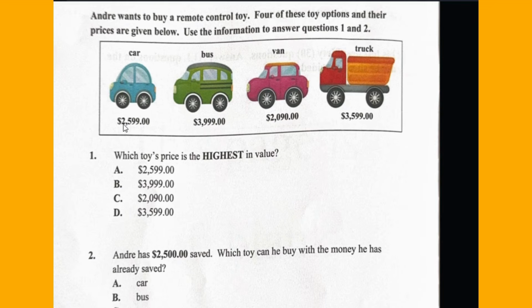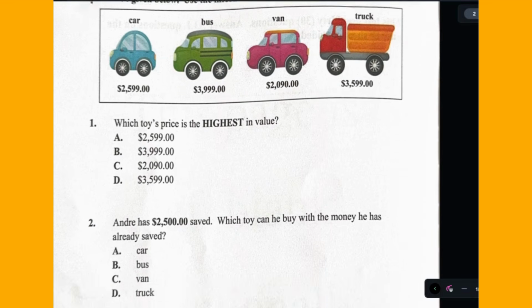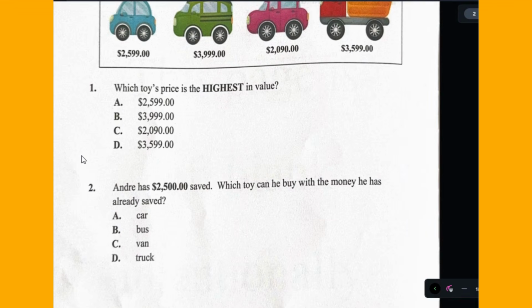The car is for $2,599. The bus is for $3,999. The van is for $2,090. Finally, the truck is for $3,599. Let us look at questions 1 and 2.